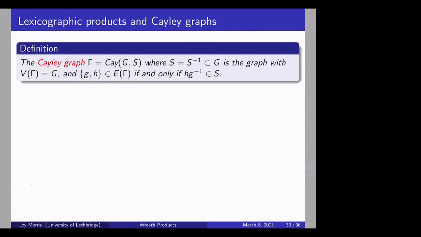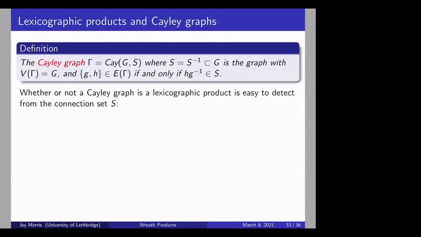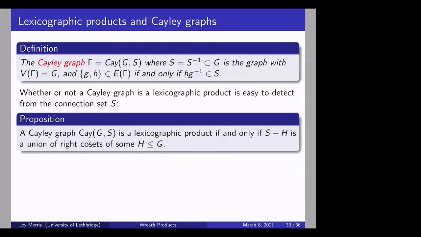But the point that I want to make here is that whether or not a Cayley graph is a lexicographic product is actually easy to detect if you just have the connection set, because it's a lexicographic product if and only if you can find some subgroup H of your group G such that the connection set, if you ignore the elements that are actually in H, the rest of the connection set is a union of right cosets of that subgroup. If that happens, then your Cayley graph does turn out to be a lexicographic product.